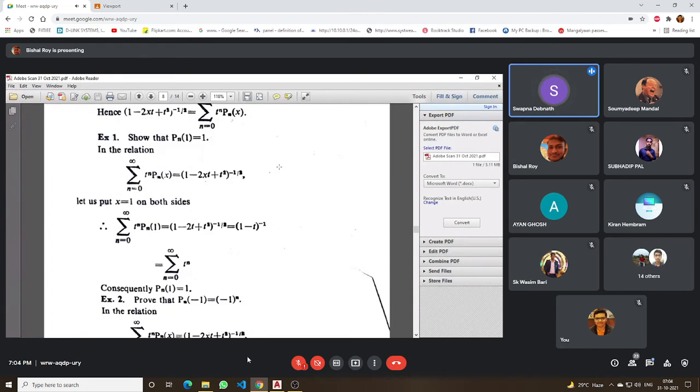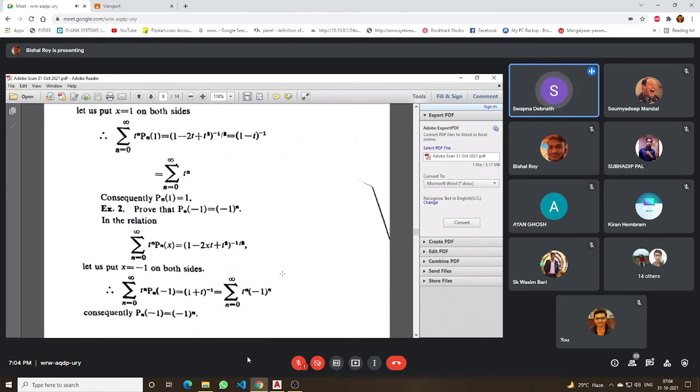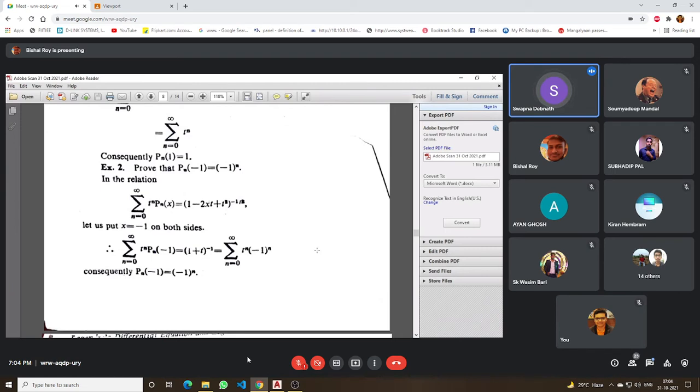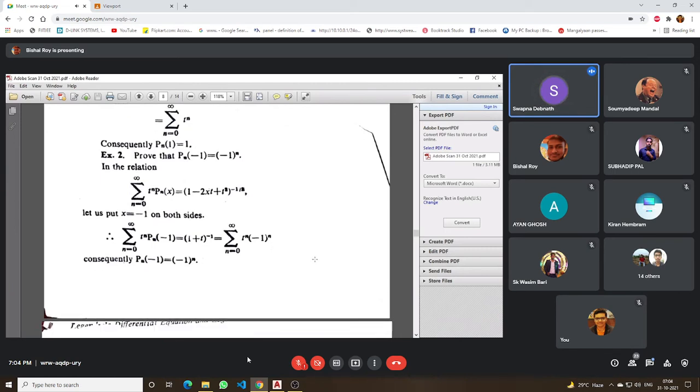Then this becomes (1 minus t) to the power minus 1, which is nothing but summation t to the power n, n equal to 0 to infinity. Therefore, P_n(1) is equal to 1. Similarly, you can prove P_n(minus 1) is (minus 1) to the power n. This is simple, just starting from the generating function.